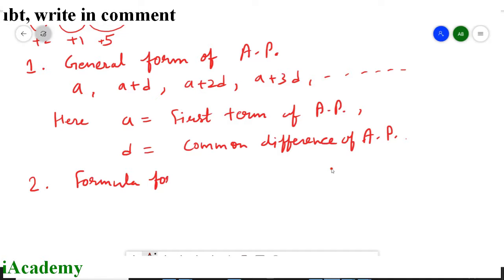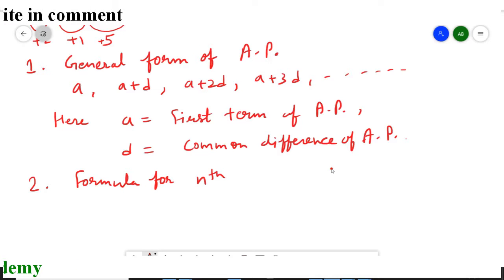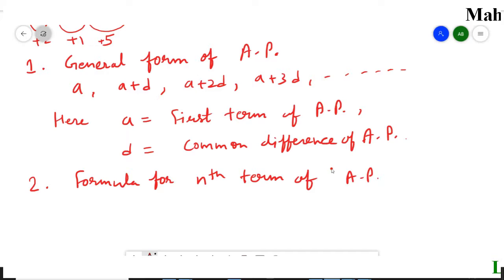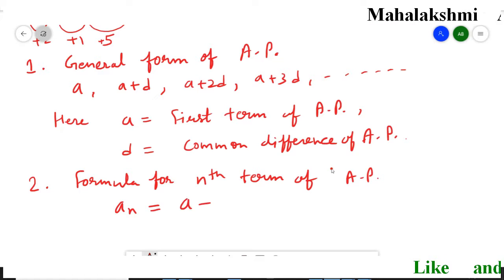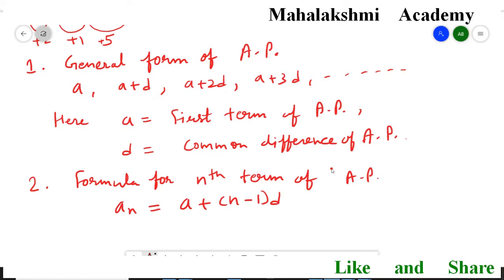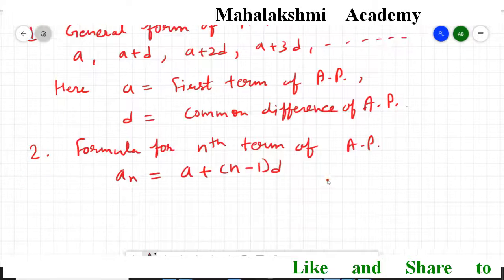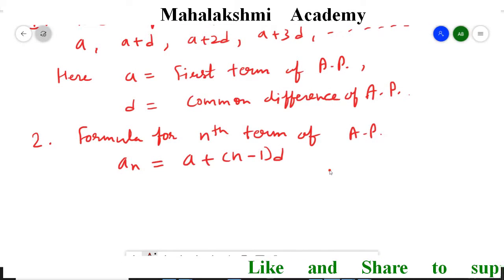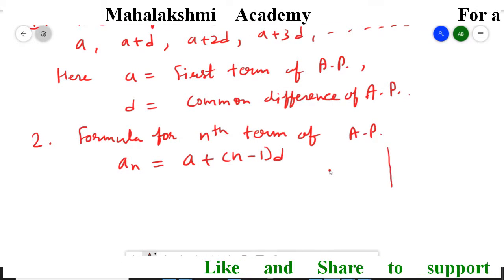Formula for the nth term of AP. For the nth term of AP, the formula is a_n equals a plus n minus 1 into d. Let me explain this formula on the side.